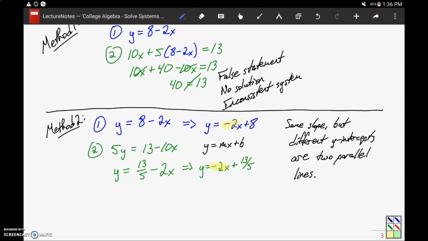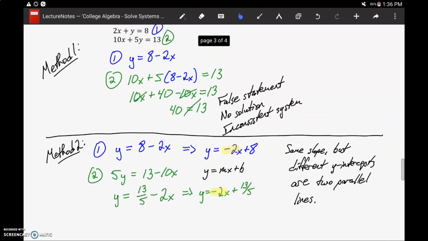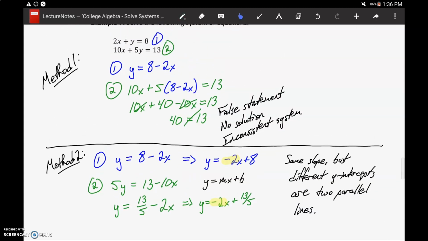So two parallel lines are lines that never intersect with one another, which is why when we worked this out using either of those methods for solving a system of equations, we get a false statement and no solution, because these two lines will never intersect with one another.